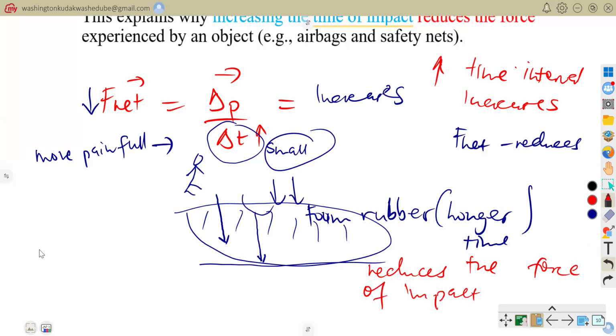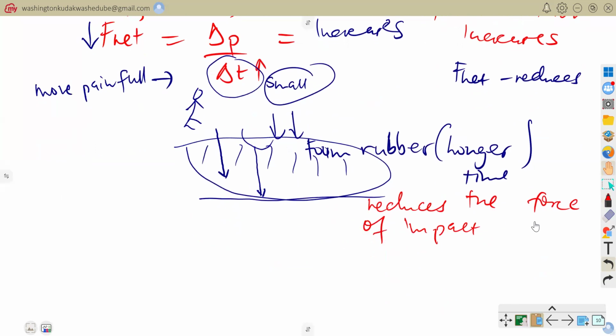So the lesser the force of impact, the less painful it is for you. Once we have reduced the force of impact, this reduces the pain that you are going to experience.